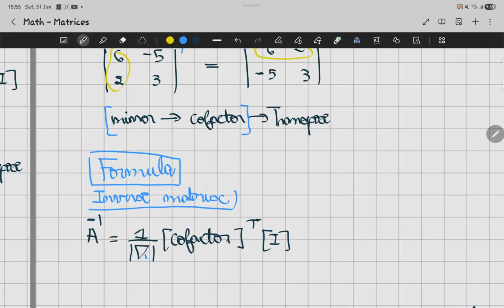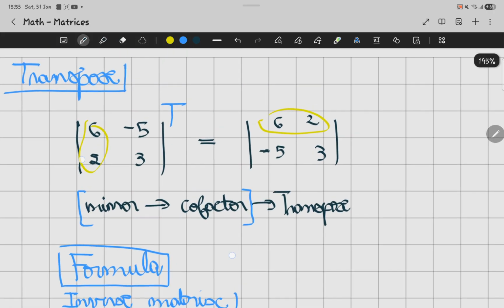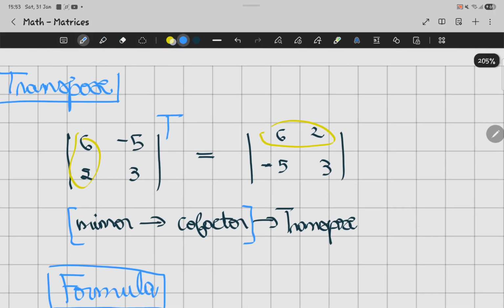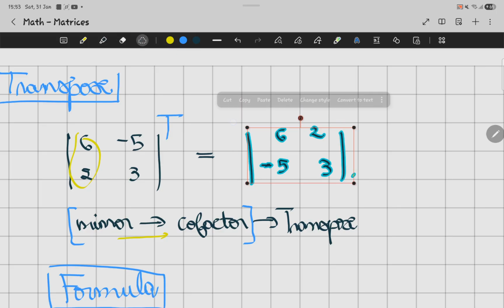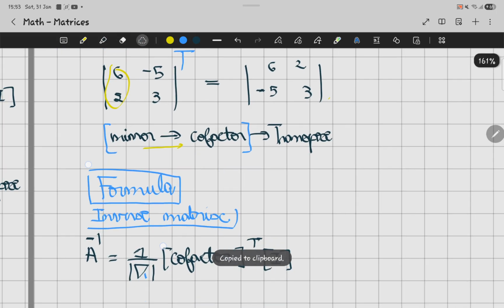So now they already found the transpose. We got the transpose by doing the cofactor of the matrix and then doing the transpose. So this is our transpose that you see here. We're going to replace it into the formula that we got.